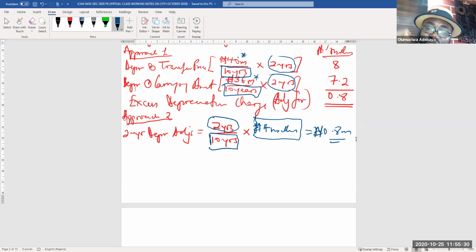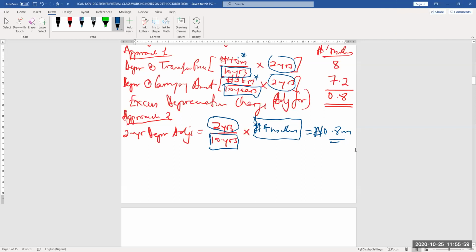Exactly. Please let us process things. The shareholders of the subsidiary will be the ultimate beneficiary or the ultimate persons that take that burden. The next question we ask ourselves is, who are the shareholders in the subsidiary? Parent and NCI.